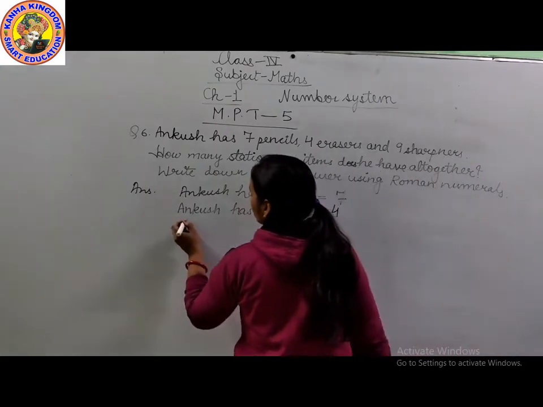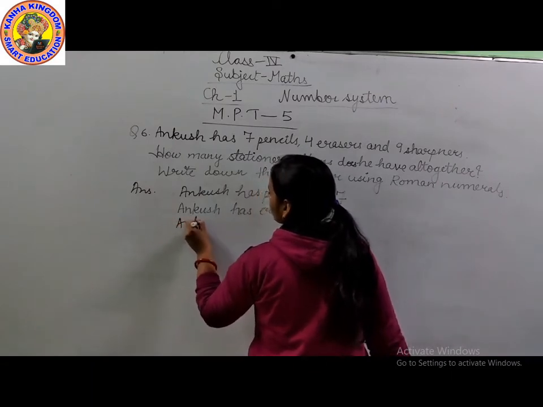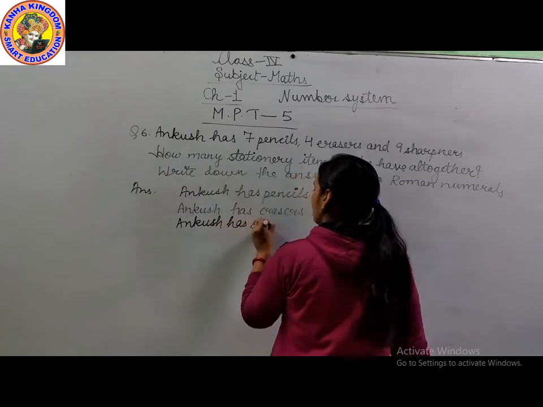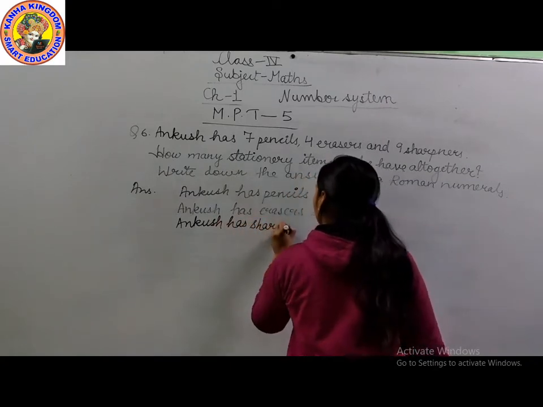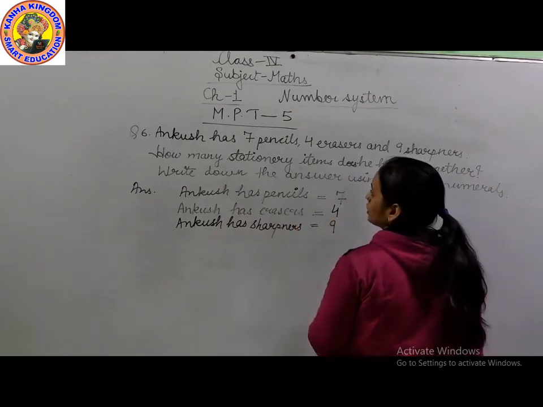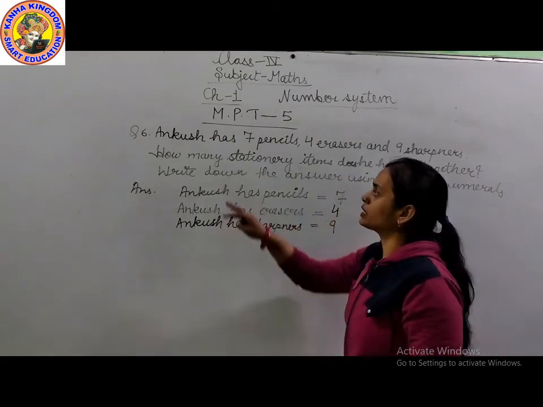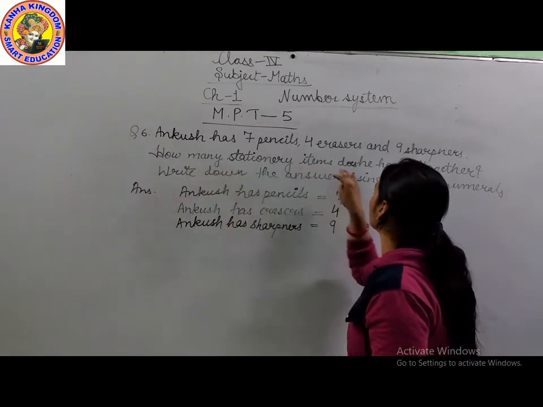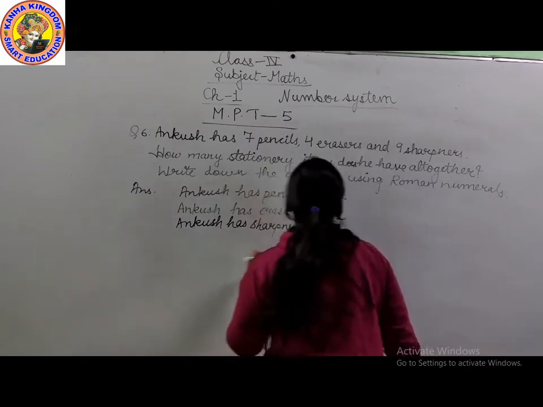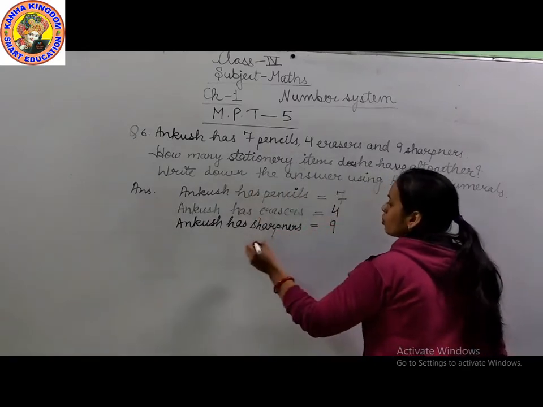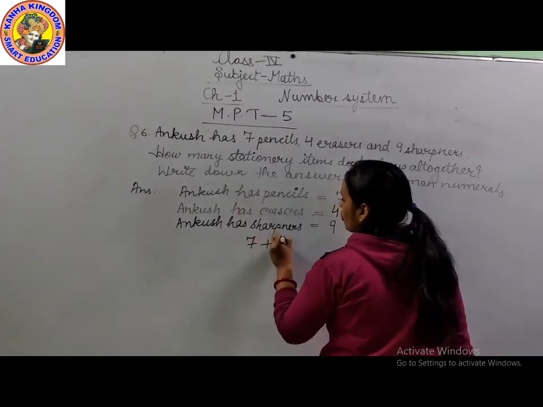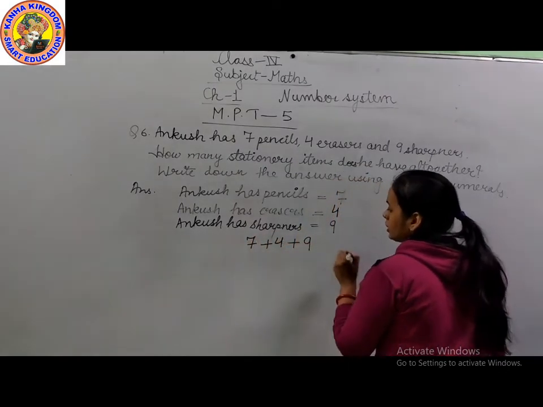Now Ankush has sharpeners nine. Now next line is, how many stationery items does he have altogether? So 7 plus 4 plus 9.